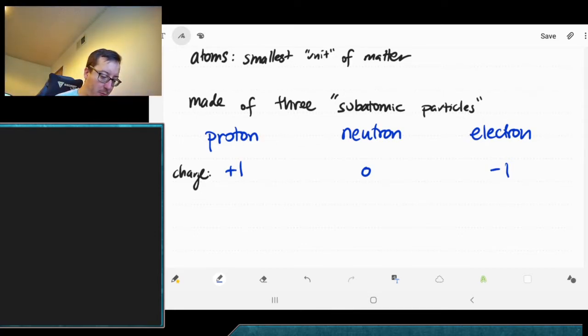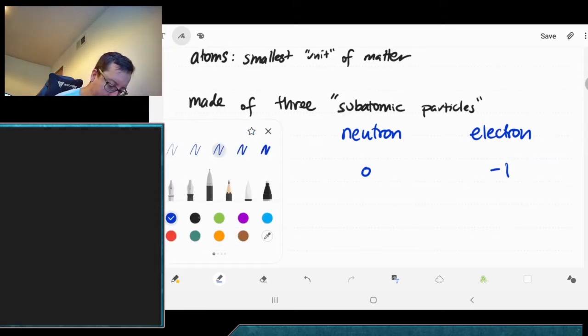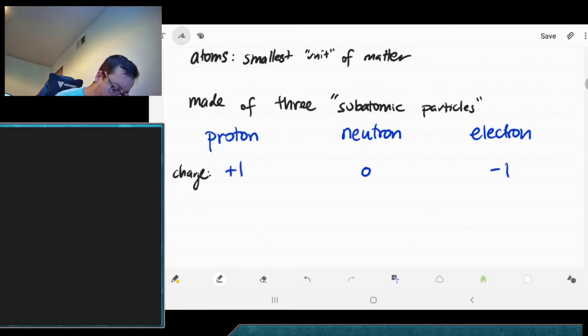So, with that, we can also talk about their mass. Matter all takes up mass, right? Or they all have mass.